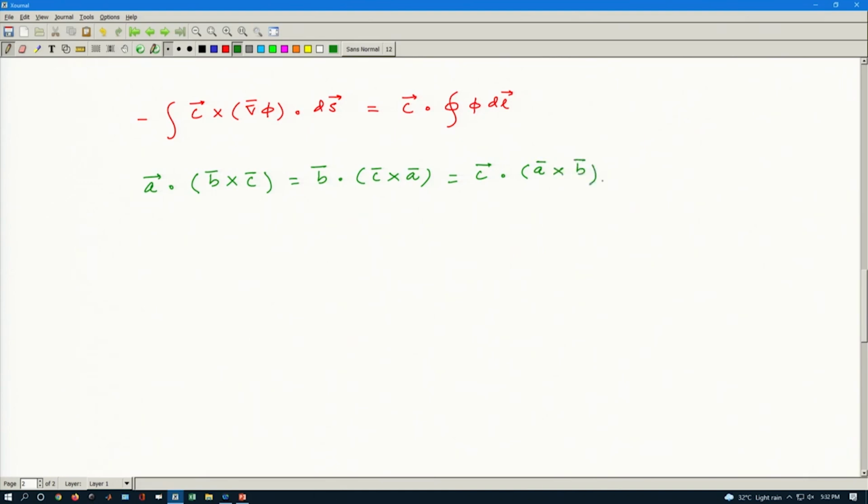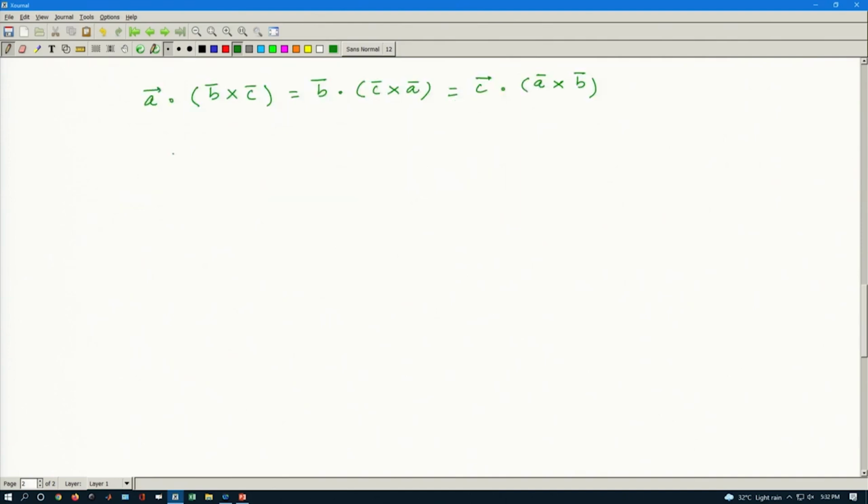Exploiting this vector identity I can write ds dot C cross this quantity as eventually C dot this quantity cross ds.